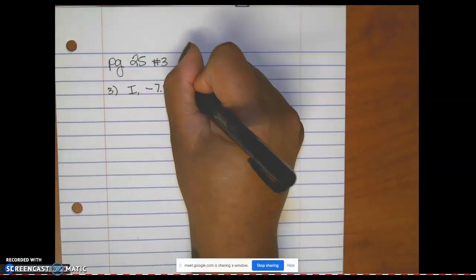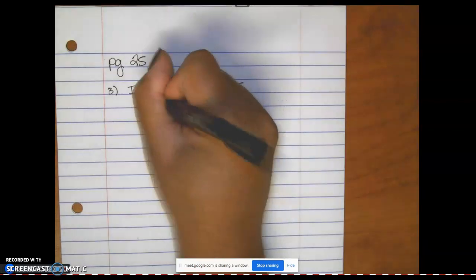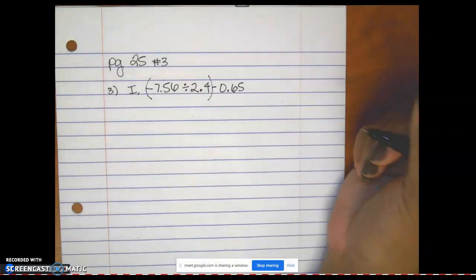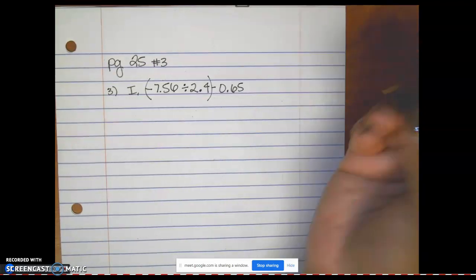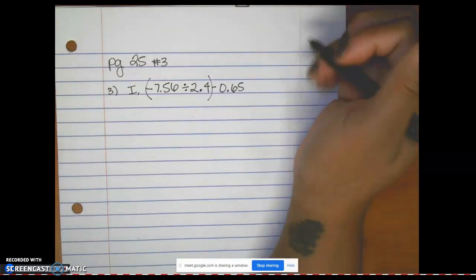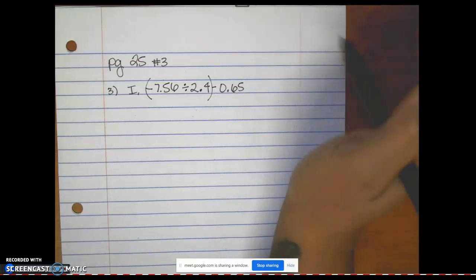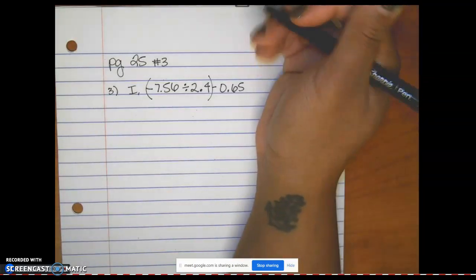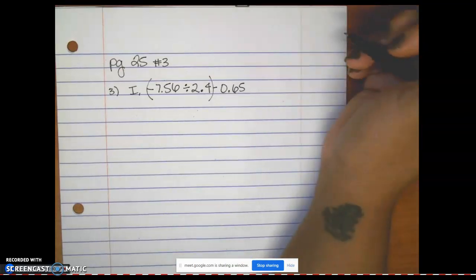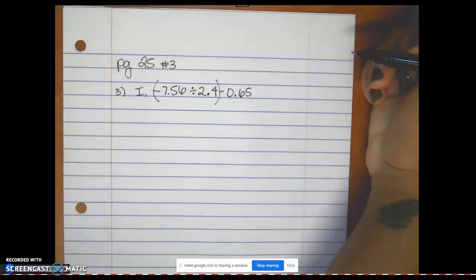Order of operations says that division, this right here, is going to go first. So I have negative 7 and 56/100. Remember, same signs add and keep, different signs subtract, keep the sign of the greater. Yeah, but there is no multiplication on here. And then the rest of the song is multiply or divide.